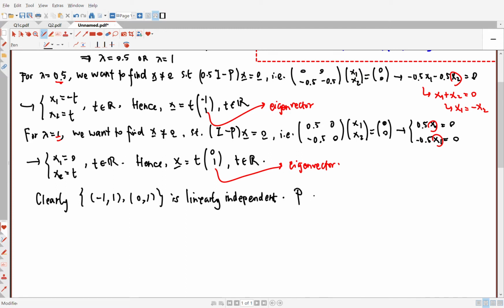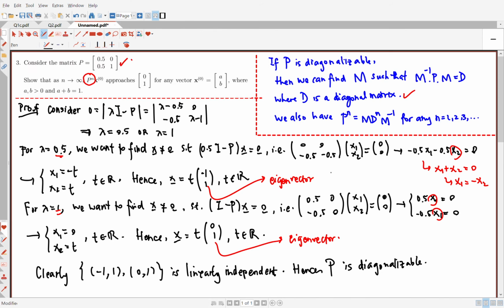Hence P is diagonalizable. Okay, very good.